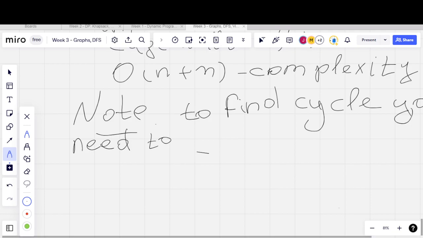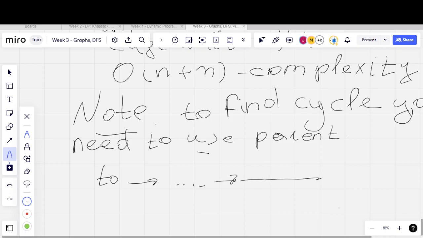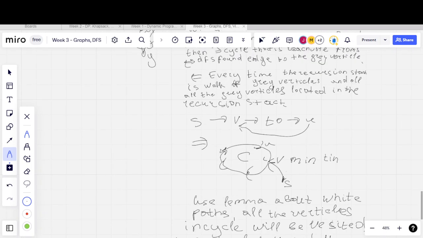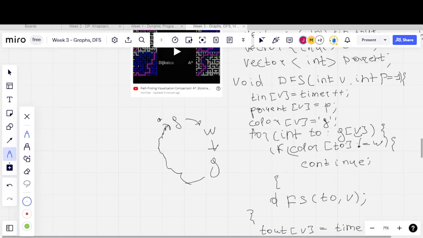You just consider the sequence and consider vertex v, and you found an edge to a gray vertex too, and how to find the cycle, how to print the cycle.